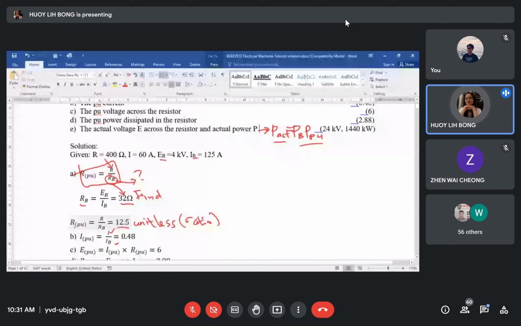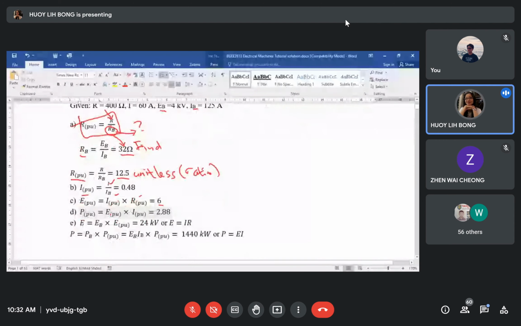So the next one is power, per unit power. You can find the per unit power using voltage times current. Again, it's in per unit. The last one is asked to find the actual value.